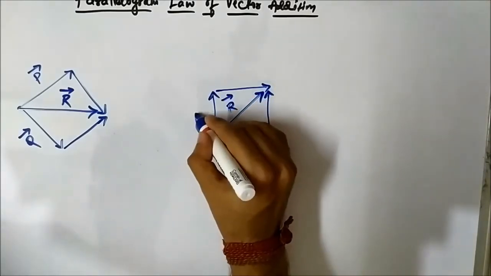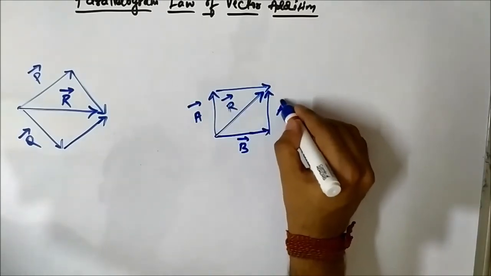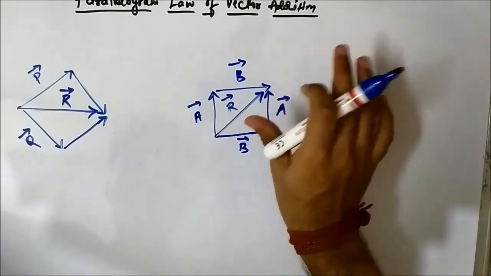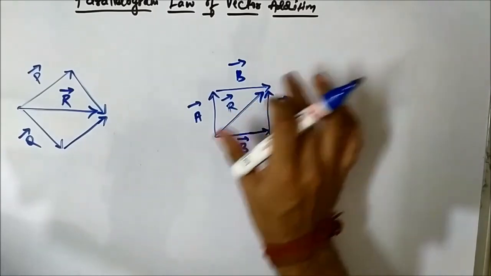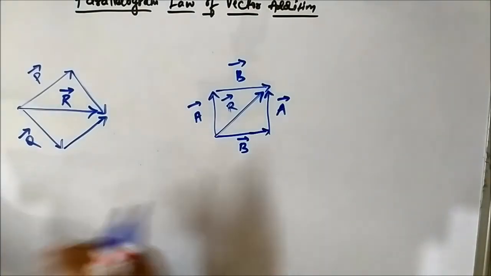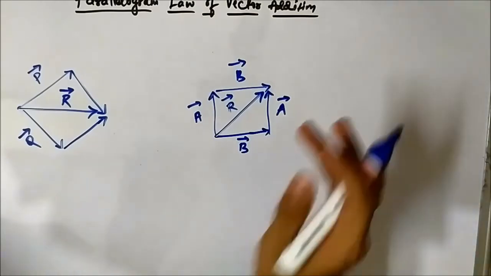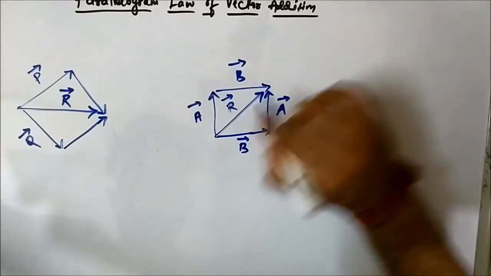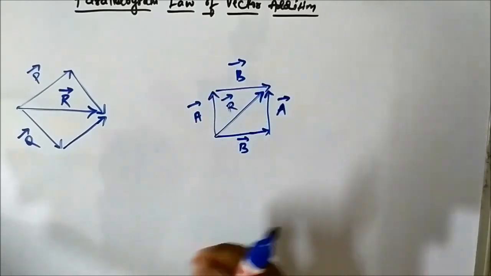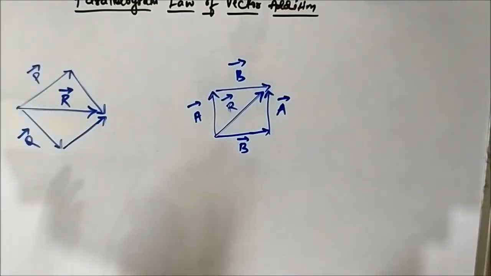Let us call this A vector and this B vector. This is the resultant, the diagonal of the parallelogram passing through the point of application of the vector quantities. So this is the whole thing. If we have two systems of forces, shift them, form the parallelogram, then the diagonal passing through the acting point of the two vector quantities is the resultant. So this is the whole idea.